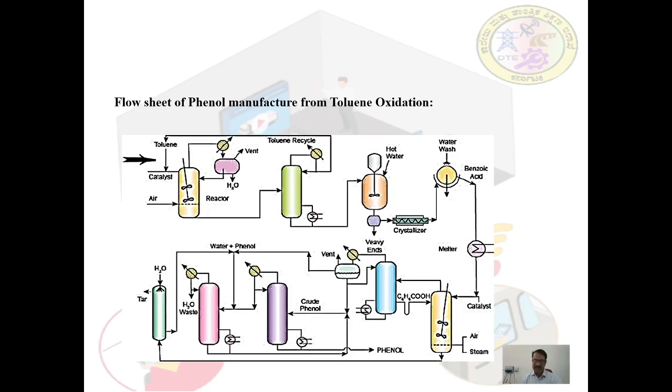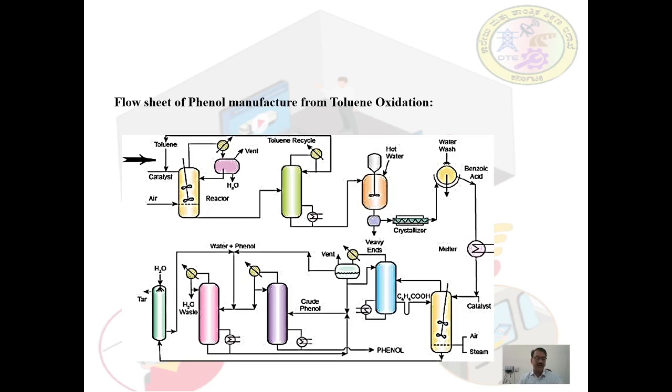The excess air is again necessary to get a 70 to 80% conversion of benzoic acid with a yield of 90% phenol.